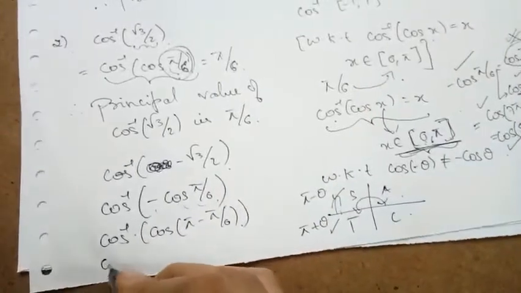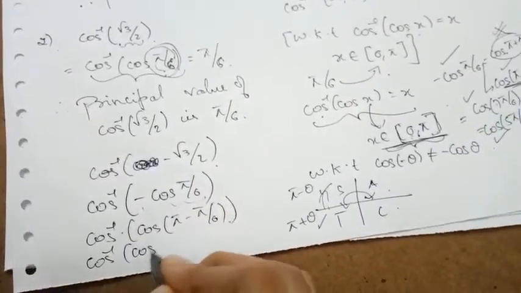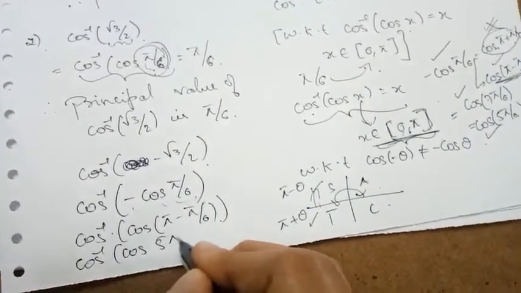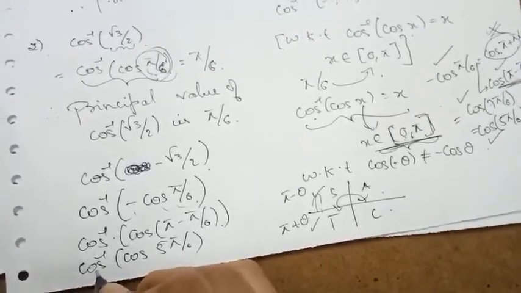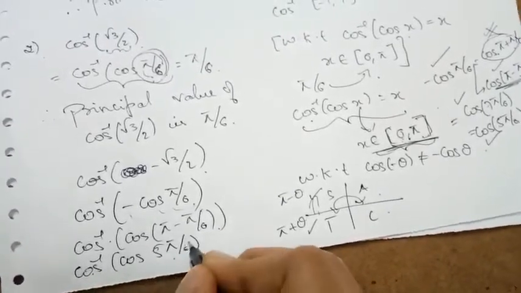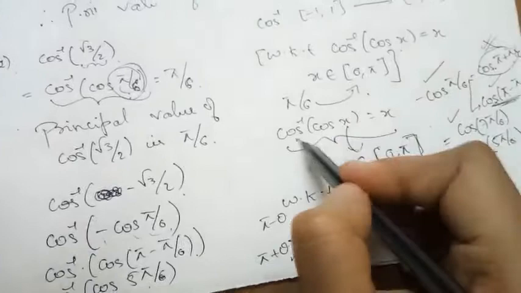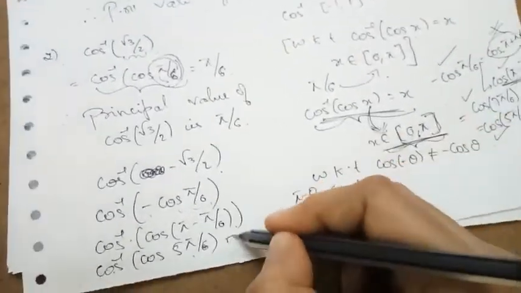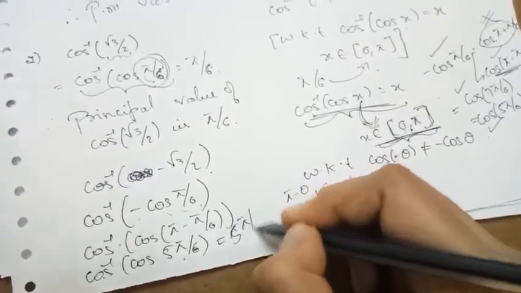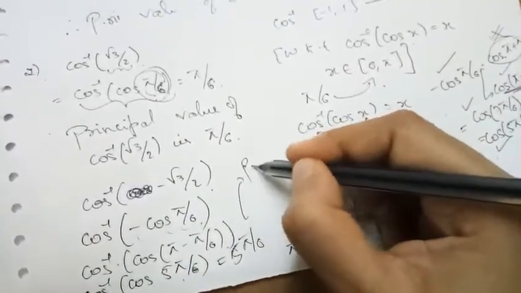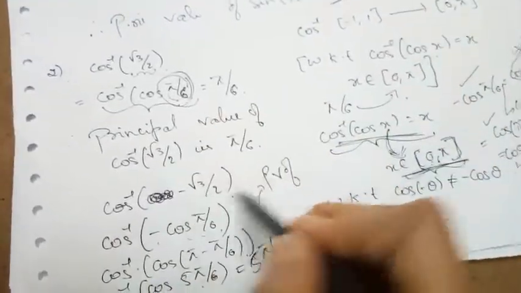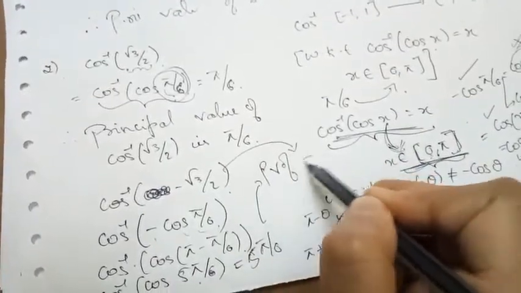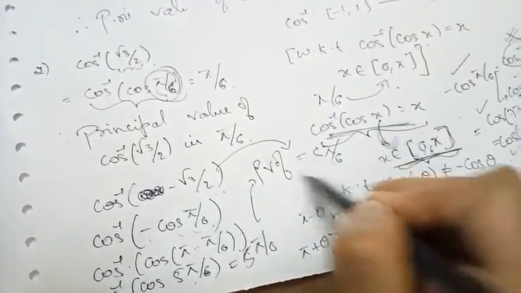So clearly cos inverse of cos of pi minus pi by 6 is nothing but 5 pi by 6. Now this is cos inverse of cos 5 pi by 6, which is in this format where x belongs to 0 to pi. So the value is 5 pi by 6. So the principal value of cos inverse of minus root 3 by 2 is 5 pi by 6.